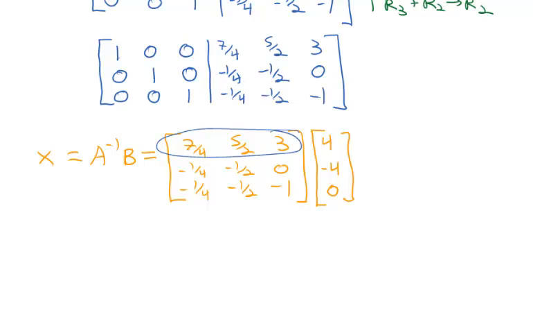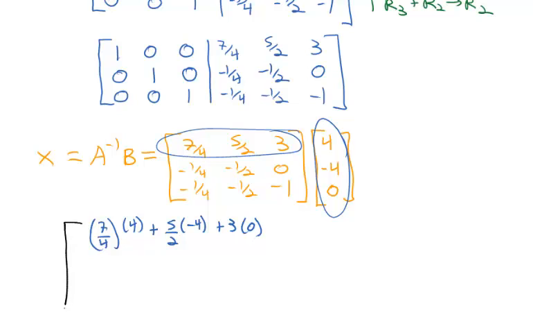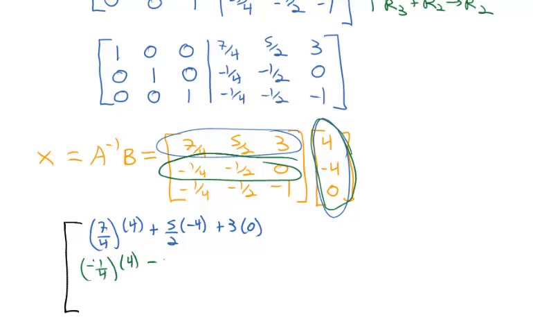So first row times the column, we have 7/4 times 4 plus 5/2 times -4 plus 3 times 0. Second row times the column, we have -1/4 times 4 minus 1/2 times -4 plus 0 times 0.